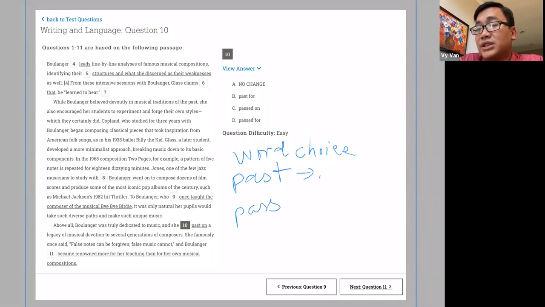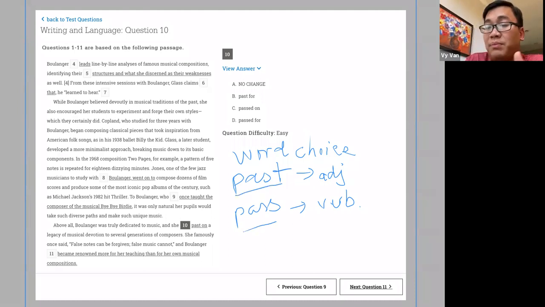One of them is an adjective and one of them is a verb. Or this could be a noun. We're talking about the past exam, so the exam in the past. This is an adjective.